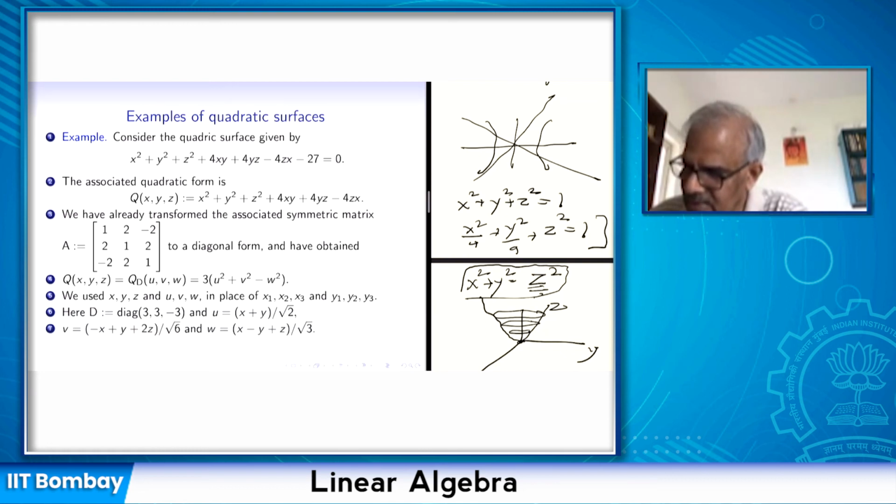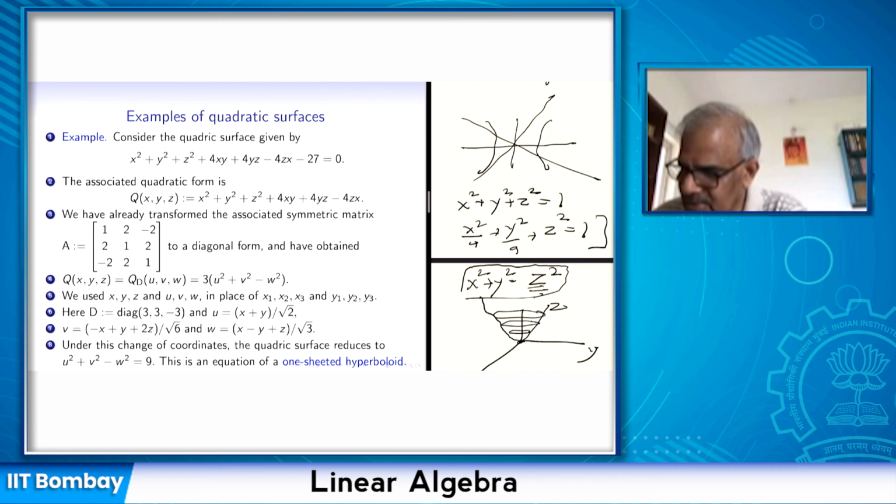When you substitute, you can write u, v, w in terms of x, y, z by inverting the matrix or taking U transpose. So under this change of coordinates, the quadratic surface becomes this, and this is the equation of a one-sheeted hyperboloid.